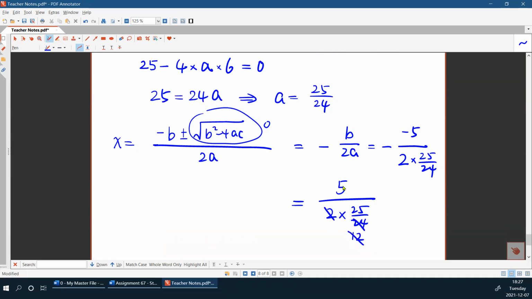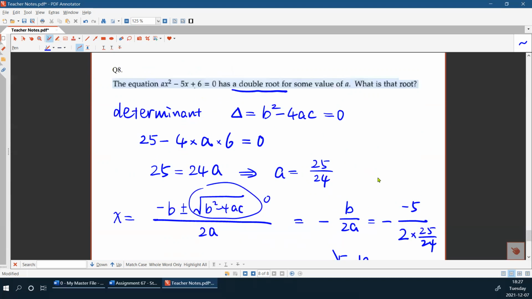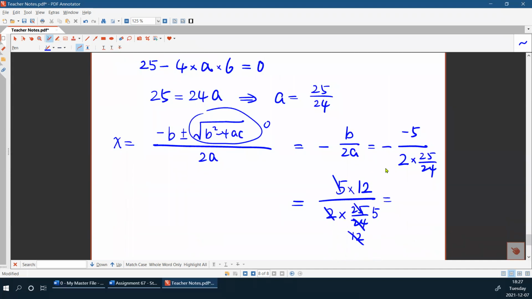This is 12. And 12 flipped to the numerator position. And then 5 canceled with 25 leaves you 5. So the final result is 12 over 5, right?